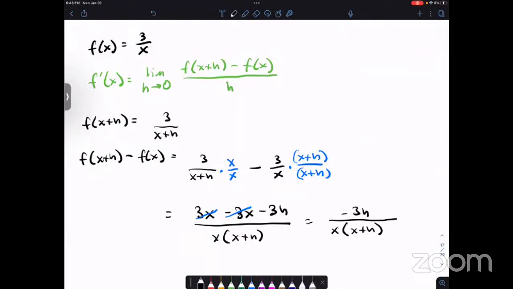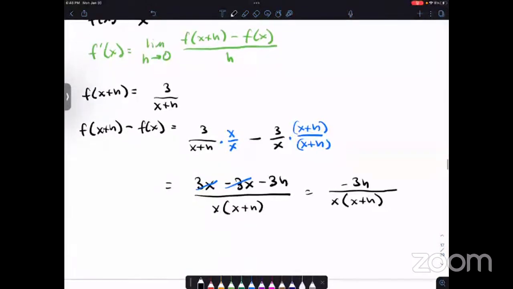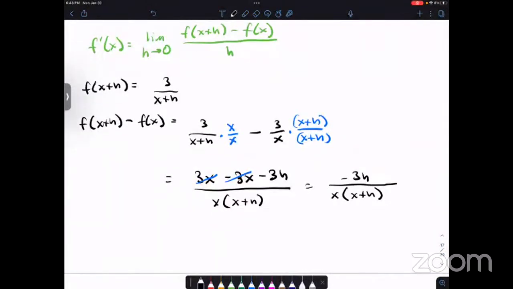So now, no, we need to divide by h, right? So we need to do f of x plus h minus f of x over h, right?